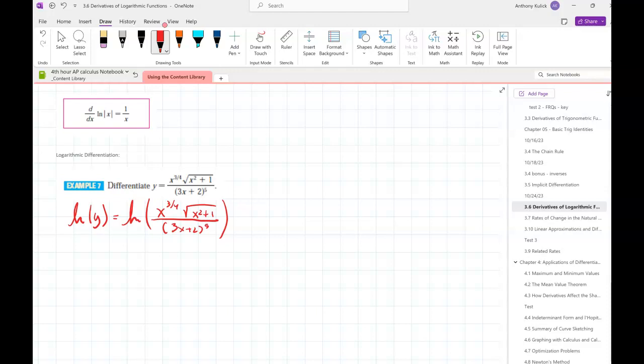Because I did it to both sides. Then we can expand that logarithm on the right-hand side, correct? Which property would I apply first? The quotient property. The natural log.